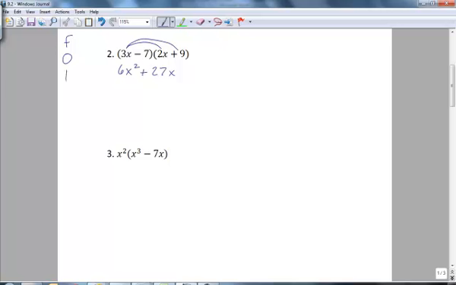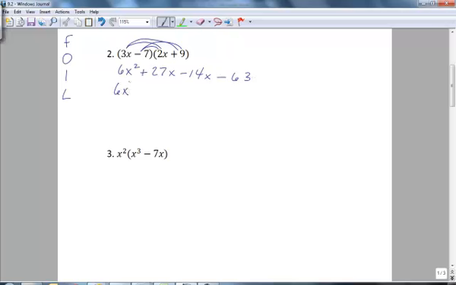And then I have I, which stands for inners. So my inners are right here. Negative 7 times 2x is minus 14x. And then finally I've got my L, which stands for lasts. So that would be negative 7 times 9, which is negative 63. As is typical, my two middle terms can be combined.